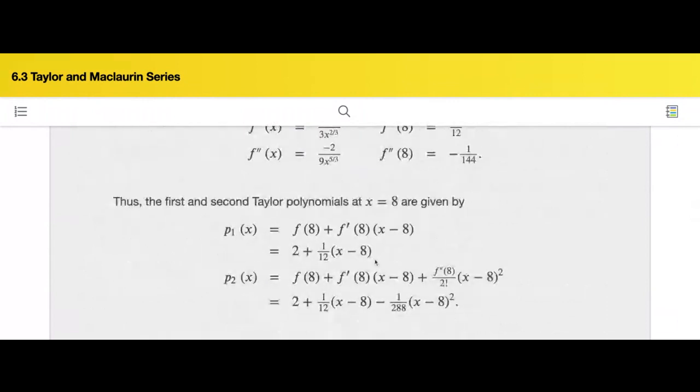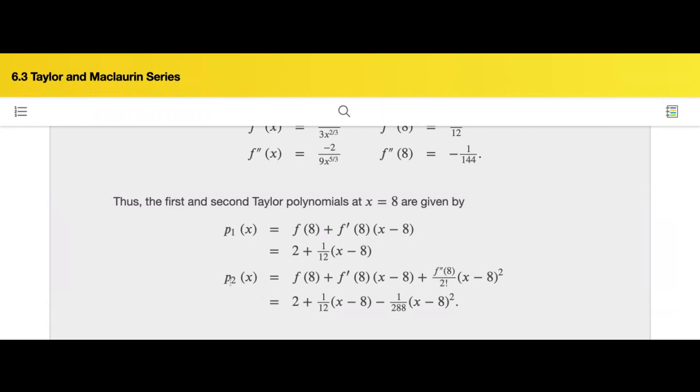What does this function do? It can help us find the cubic root of 8.000001, or the cubic root of 7.999999, a number very, very close to 8. So we can use this linear approximation to approximate. Later on, we're going to approximate the cubic root of 11.